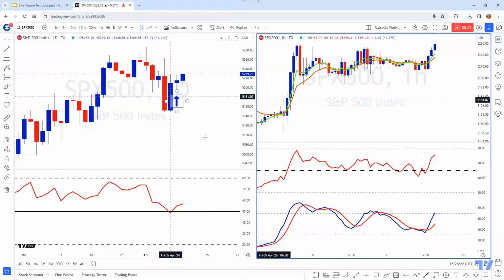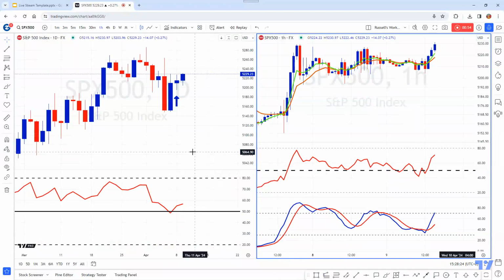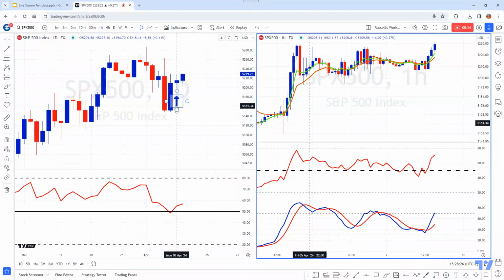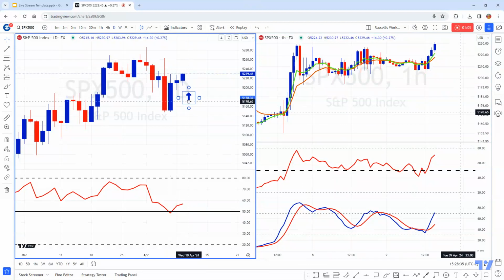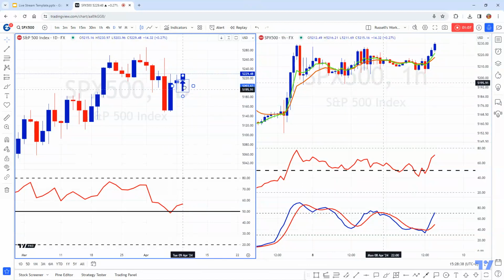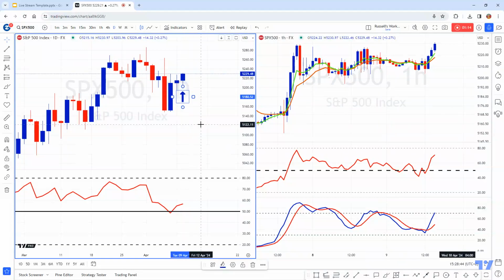Let's bring up the charts for the S&P 500. On the left, we've got the daily chart. On the right, we've got the hourly chart. We're just before cash open. What I want to point out is that today's daily candle has a blue real body just before the market open.